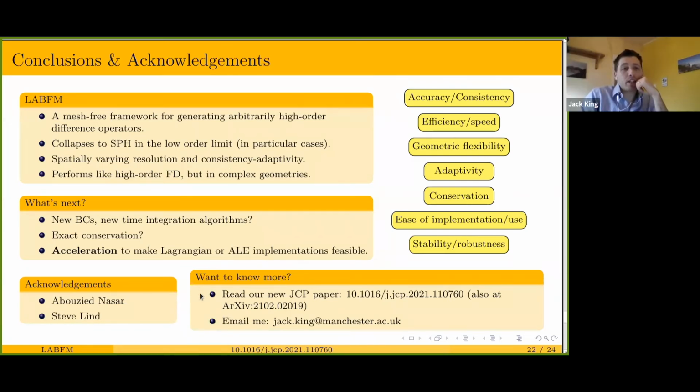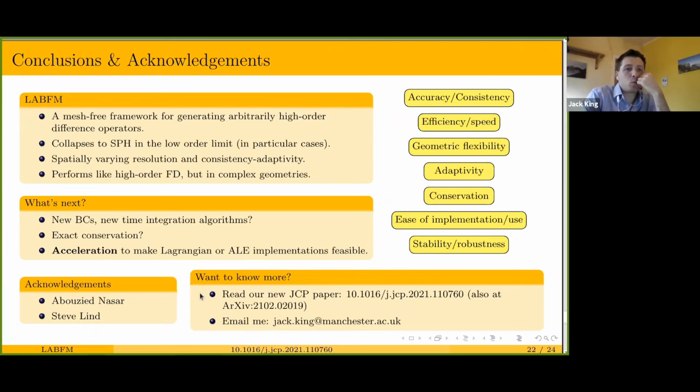It makes it a bit less practical, in short. The actual process of constructing high order weights or high order operators is relatively straightforward. It can just be stuck in a little module and added onto an SPH code quite easily.